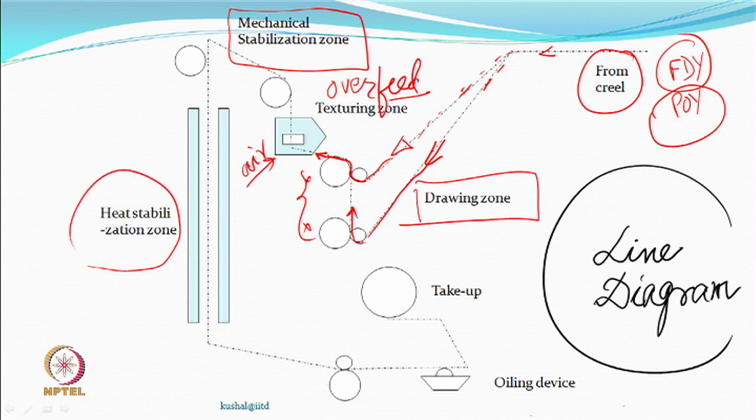Then the machines may also have a thermal stabilization or a heat stabilization zone, which you can see is just a tubular heater. It is a tubular heater where a yarn which has already been texturized, which has already been stabilized a bit, is now being passed through another heater.